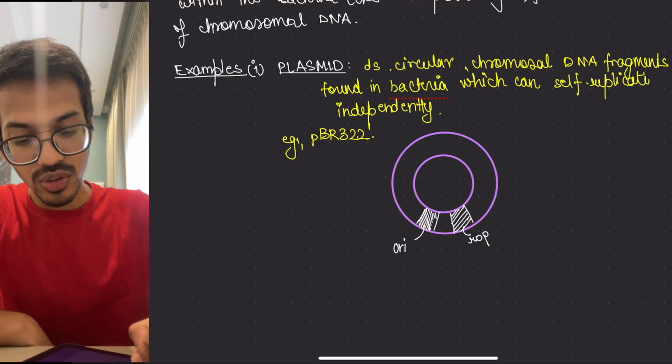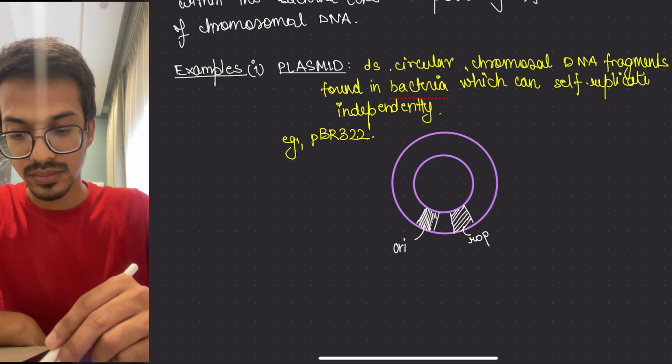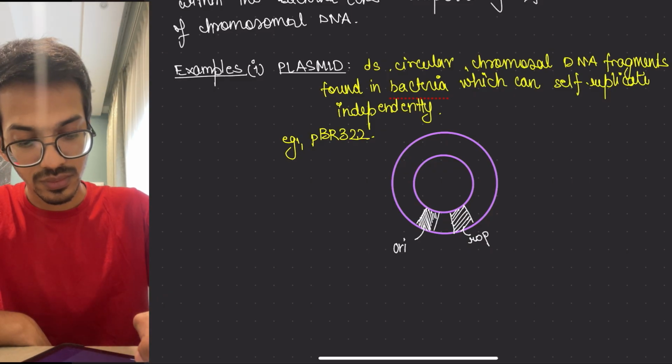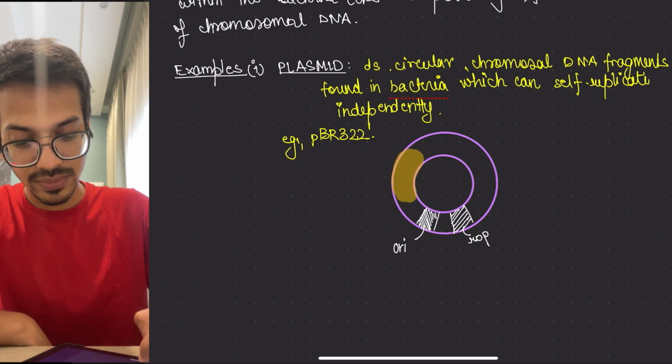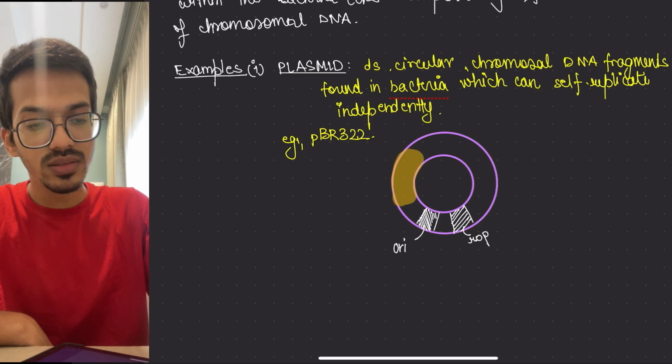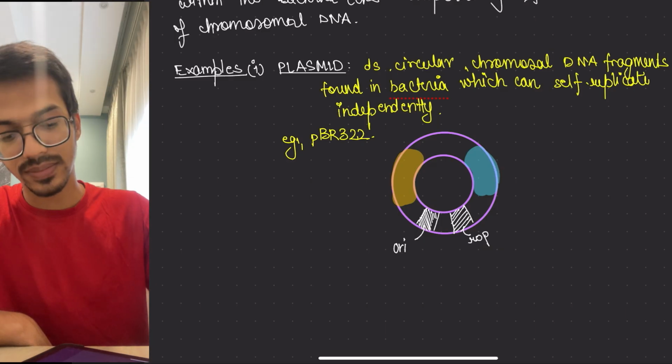So for example, here I am making that only. This is one such gene and this is another such gene. So I made the two genes which are present on this.